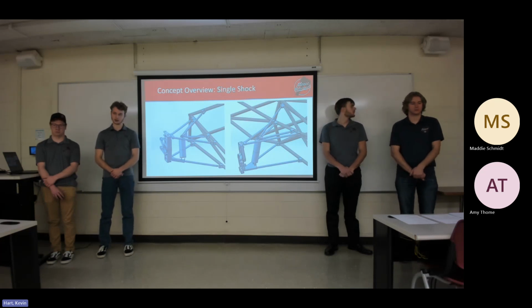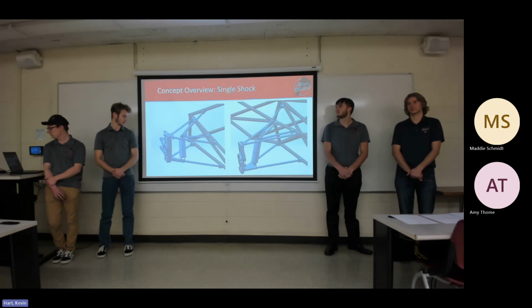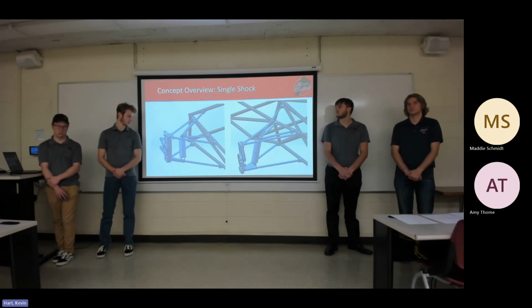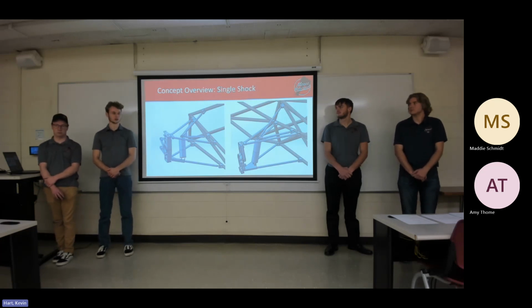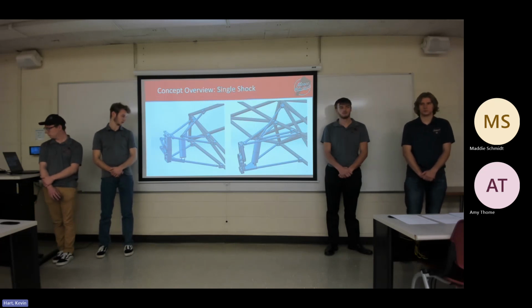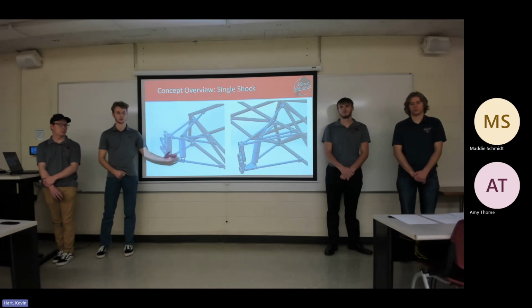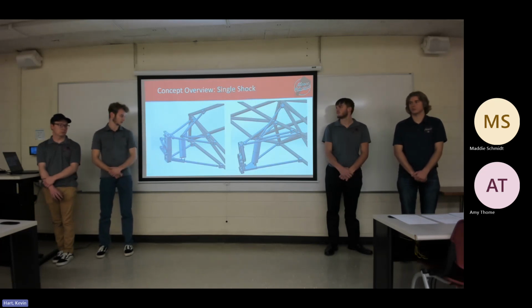But the biggest downfall is mostly the adjustability on this one. Unlike the other designs, motion ratio cannot be changed easily without a redesign of the control arm itself to move the shock inward of the chassis or outward of the chassis.